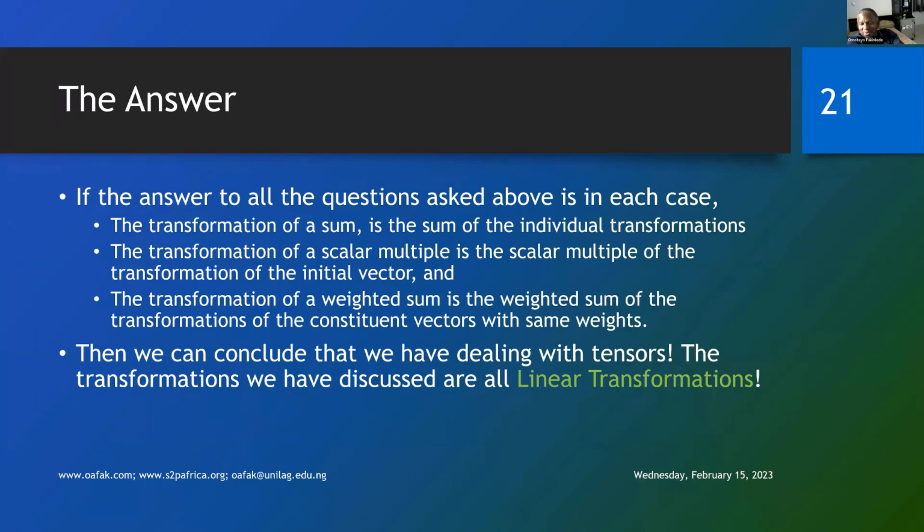We are concluding we are dealing with tensors because we are transforming vectors linearly. Anything that transforms vectors linearly is a tensor. The transformations we have discussed are all linear transformations, and they are therefore tensors.